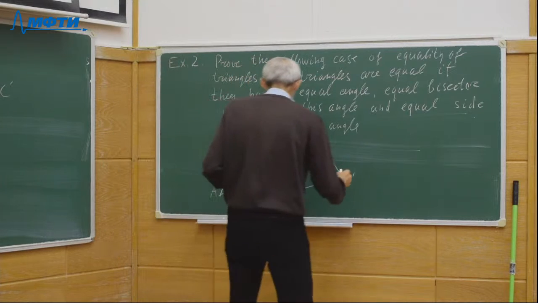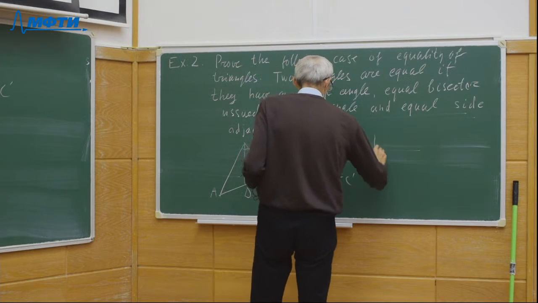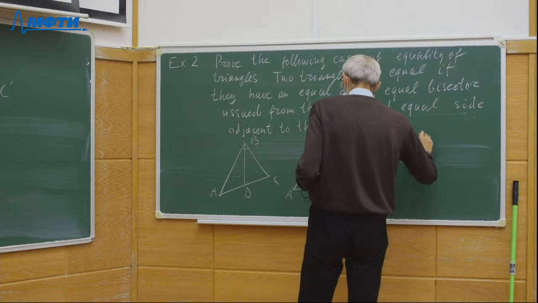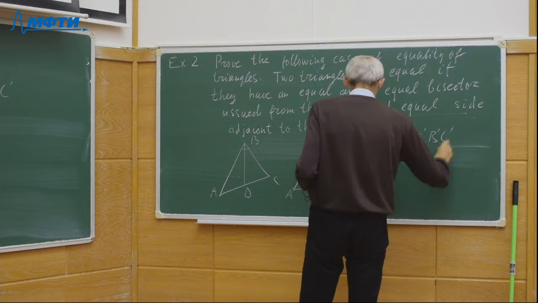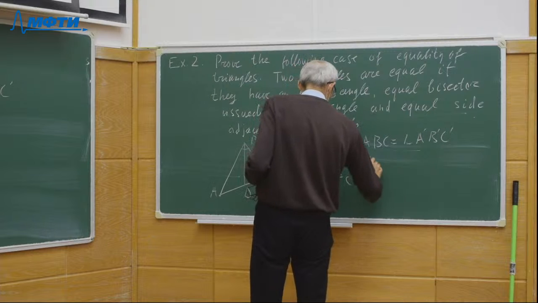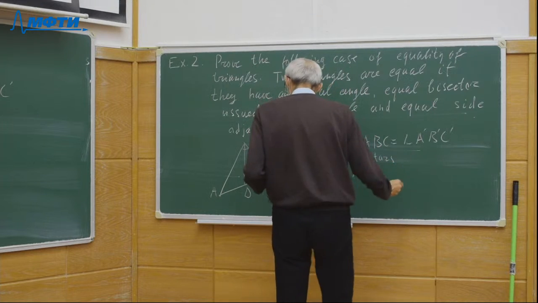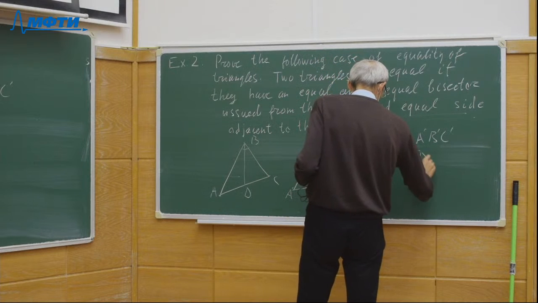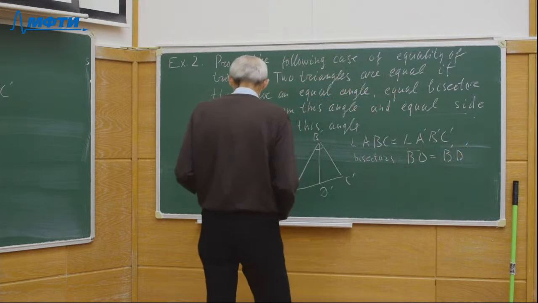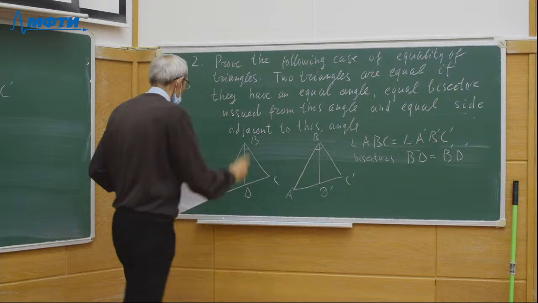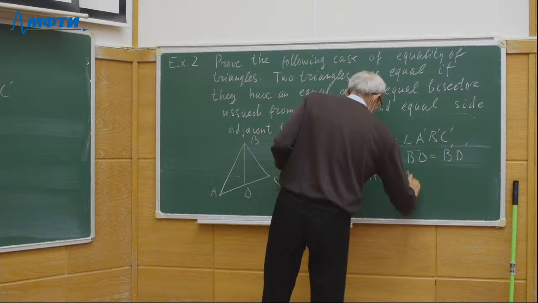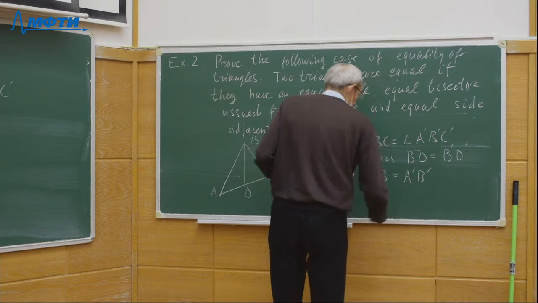We have angle ABC is equal to the angle A prime, B prime, C prime. Bisectors BD and, for example, the sides AB and A prime, B prime are equal.